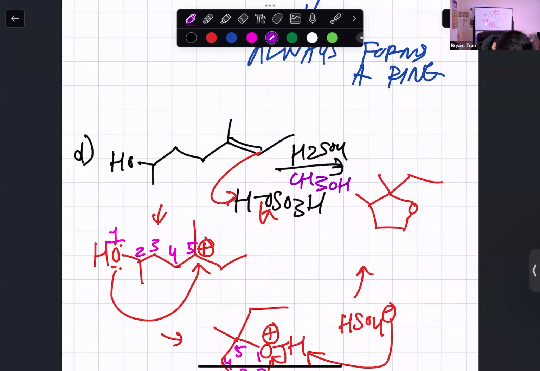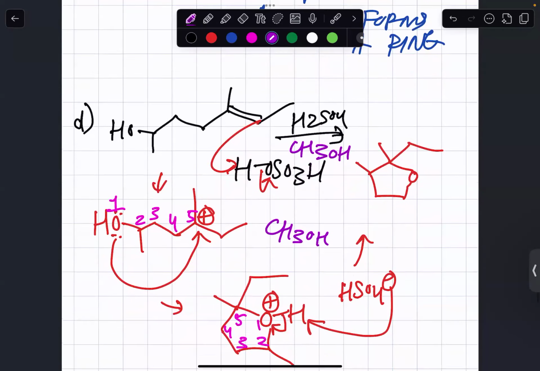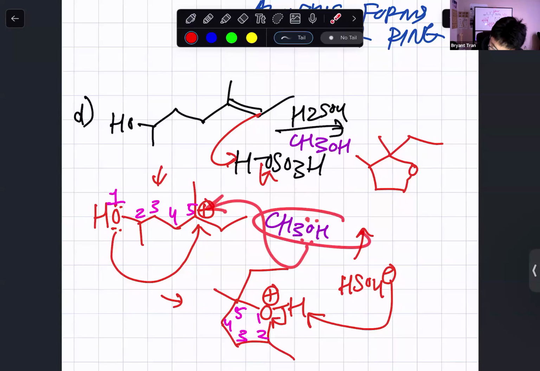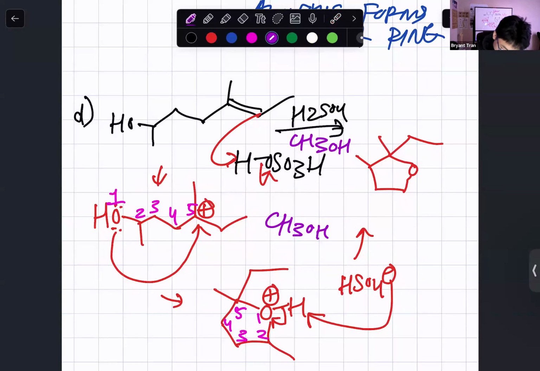But then I know rings are more favorable. Right, because even if there was CH3OH here as a potential nucleophile, this would be an intermolecular reaction if the alcohol of the CH3OH attacks the carbocation, because the nucleophile is separate from the electrophile. That's an intermolecular reaction.